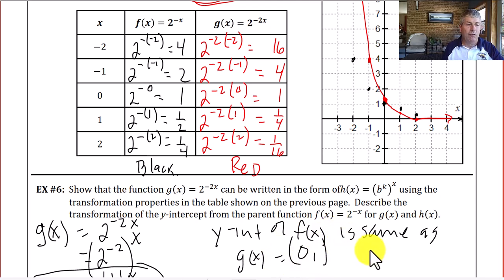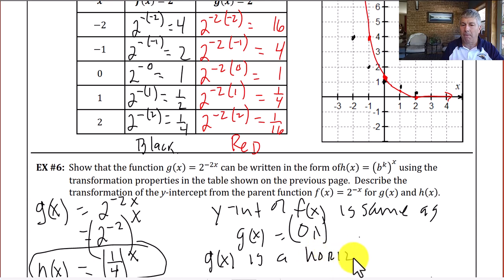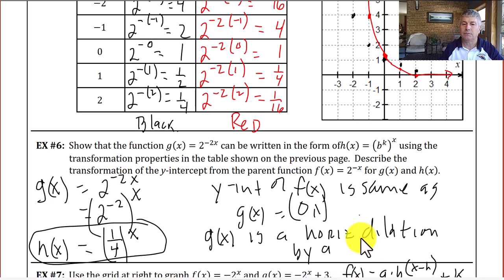And it does not move on g of x or h of x. So it's the same thing on h of x as well. The graph of g of x is a horizontal dilation. G of x is indeed a horizontal dilation by a factor of 1/2, just as we predicted it would be.